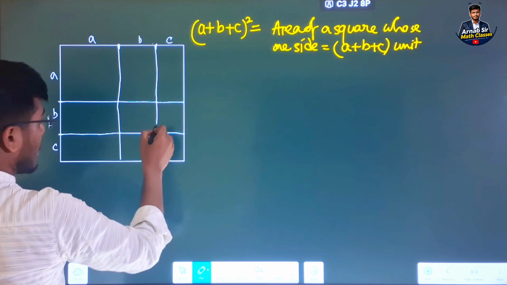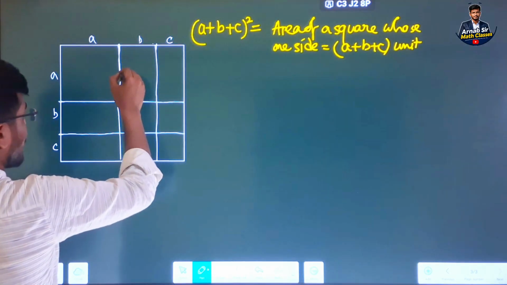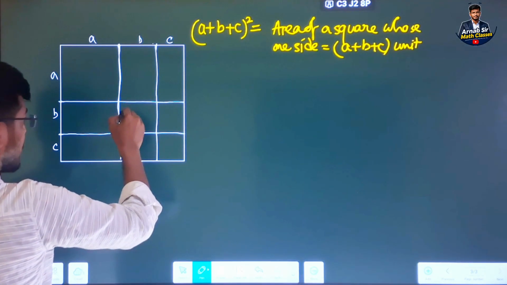This is a parallel line, not a curved line.